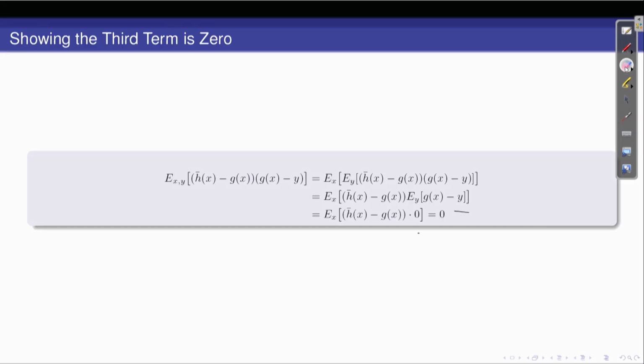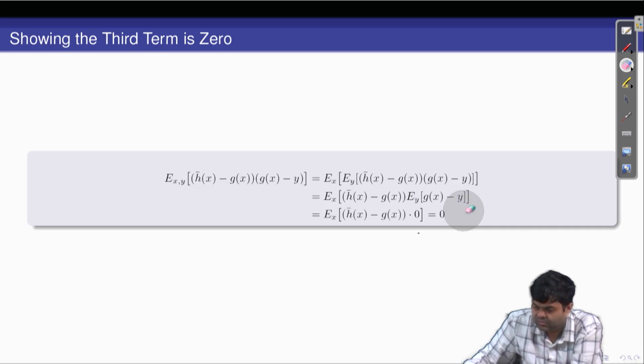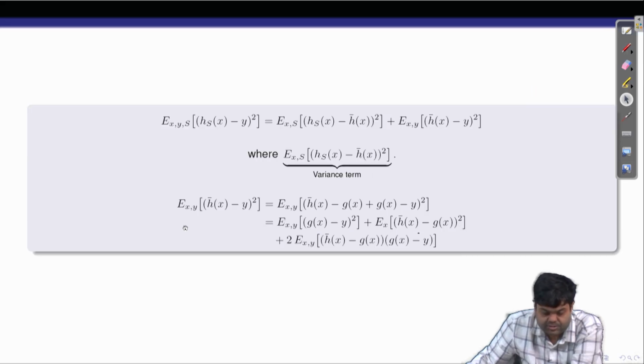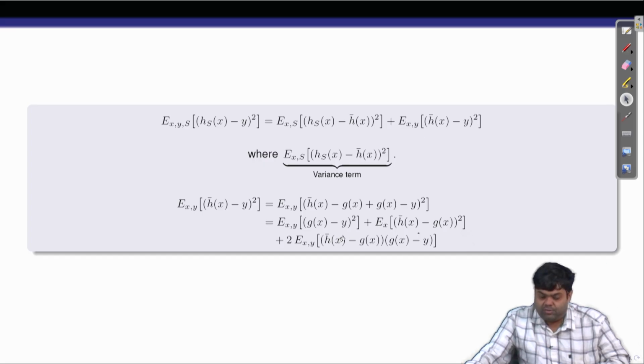Now, in this middle term, you have the expected value with respect to (x, y) of (h bar(x) minus g(x)) times (g(x) minus y). This is where we ended on the last page. You are taking the expected value with respect to (x, y). First of all, this term is s-free. There is no point in talking about expected value with respect to s, that part is gone. So now you just have to calculate what happens to this term.